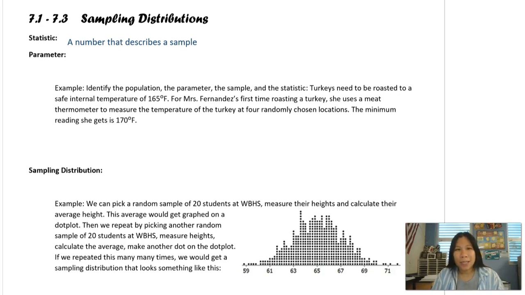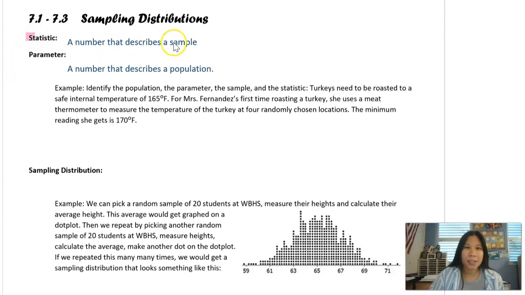When it's not from a sample, then it's called a parameter. The easiest way to remember this is that a statistic comes from a sample, and a parameter comes from a population. It's also nice because statistic starts with S, sample starts with S, and parameter starts with P, population starts with P. So that's how I remember it.